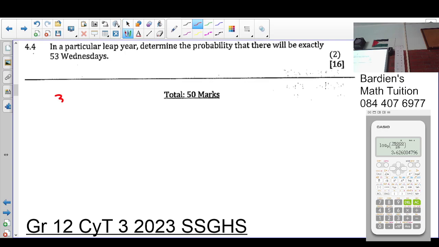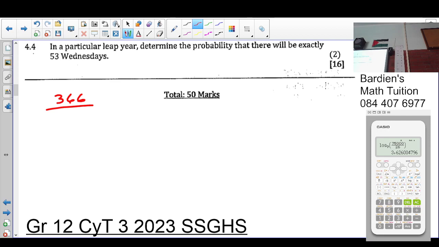366. So I say 366 divided by 7, because they're talking about weeks. We have to determine how many weeks there are in a year. We know there's 52.